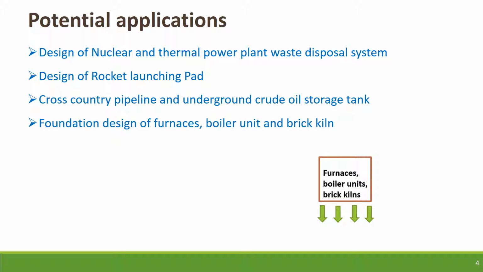Number 4, foundation design of furnaces, boiler unit, brick kiln, etc. Here also from the diagram you can see the possible direction of heat migration or heat dissipation from that kind of structures.